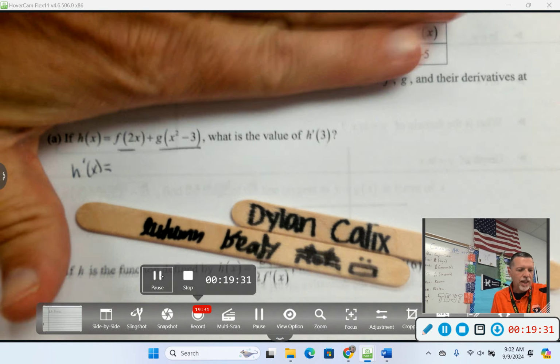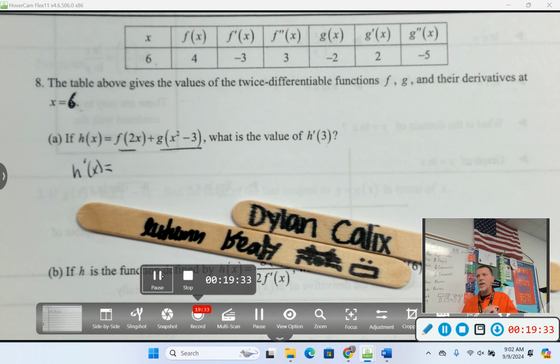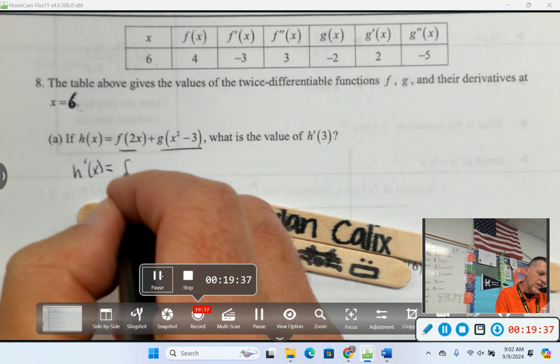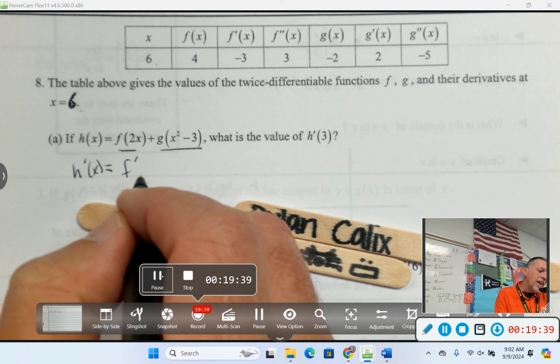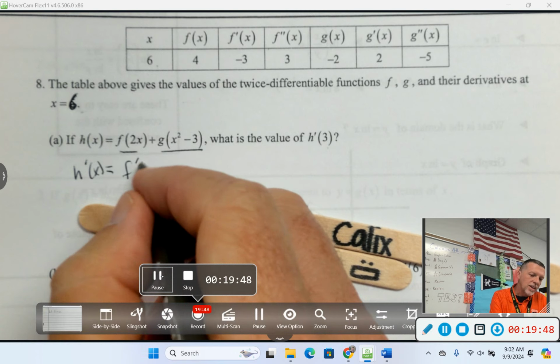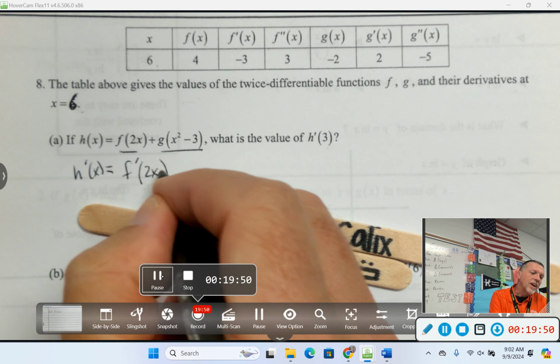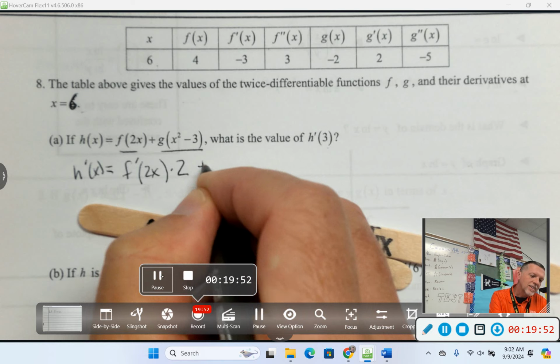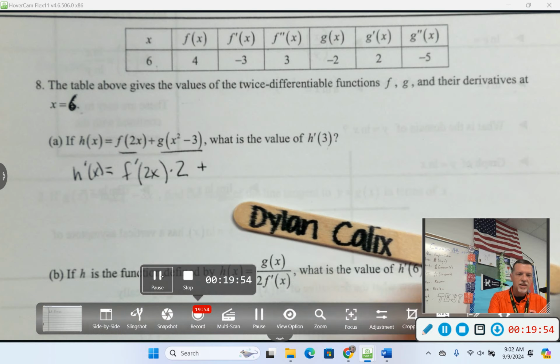Give me the answer without any of the values from the table yet. That would be f prime of 2. If you say f prime of 2, you're eating the blow pop all at once. We want to go one step at a time. F prime of 2x times 2. There we go.